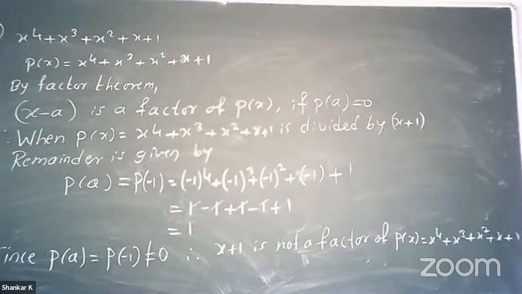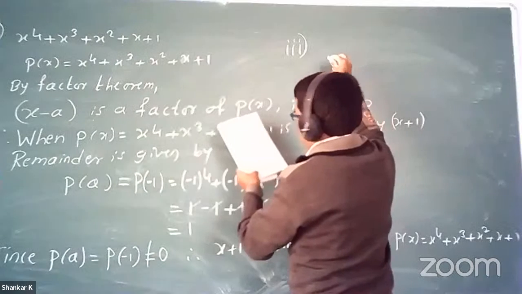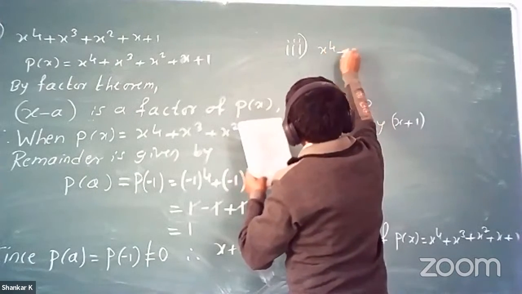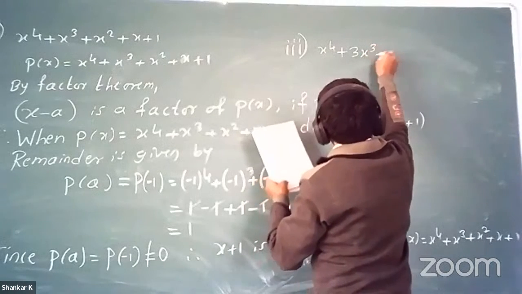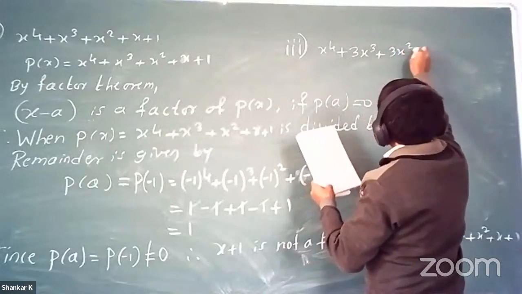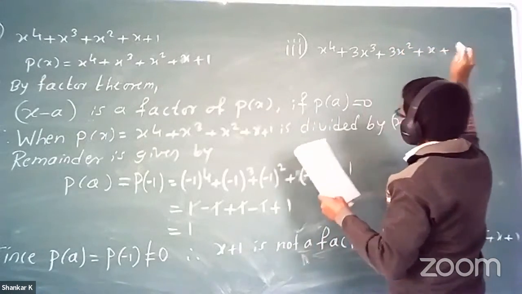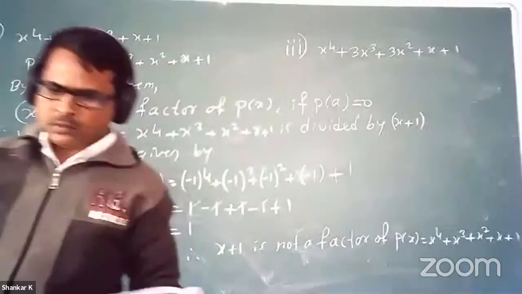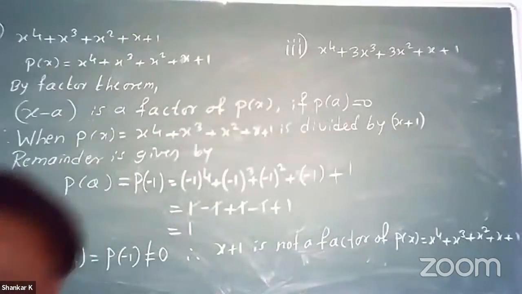All of you have the textbook. The third example is x raised to 4 plus 3x cube plus 3x square plus x plus 1. You have to find the remainder first.